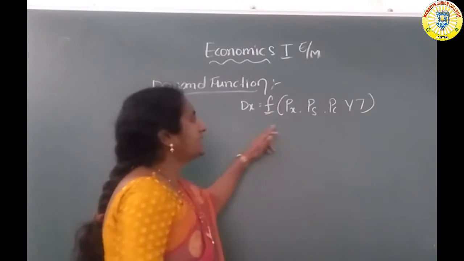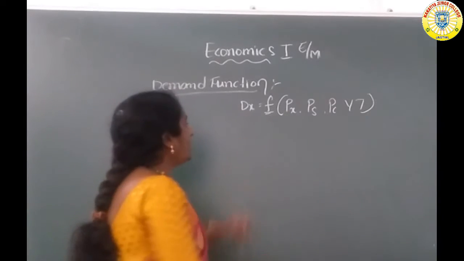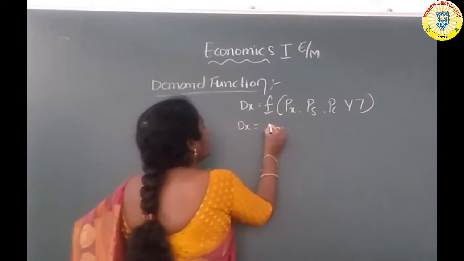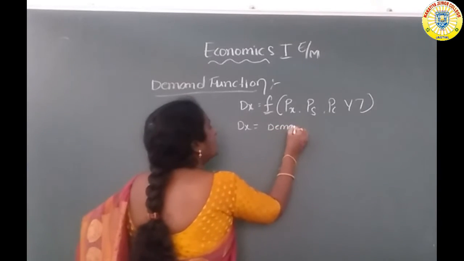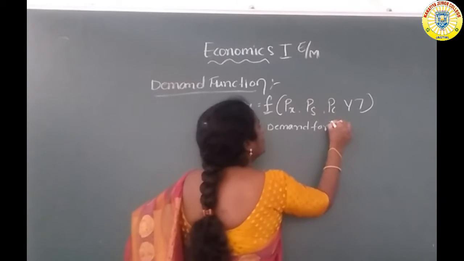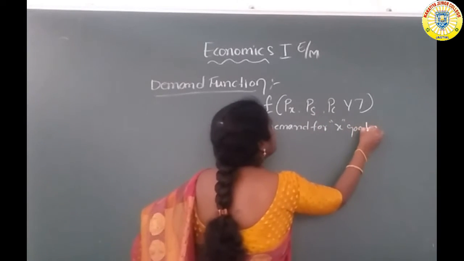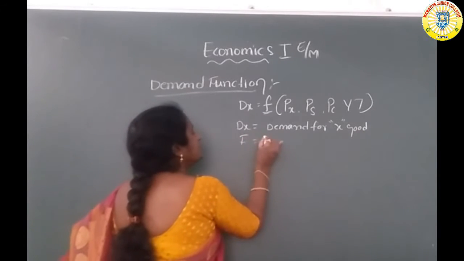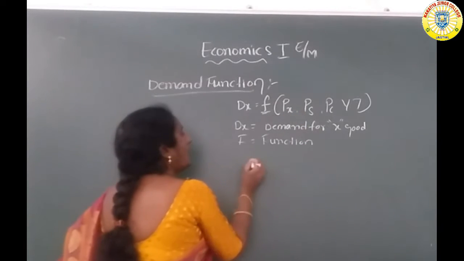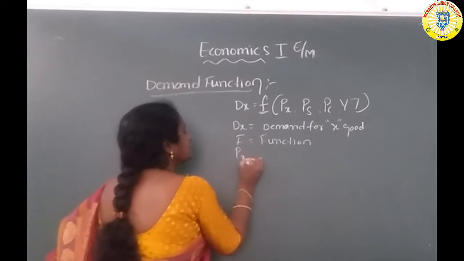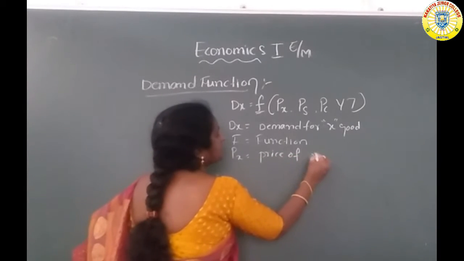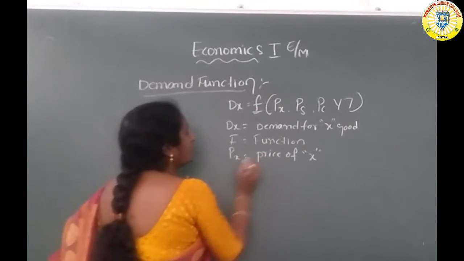These are the determining factors, where Dx is equal to demand for x food. F means function, and Px means price of x food.